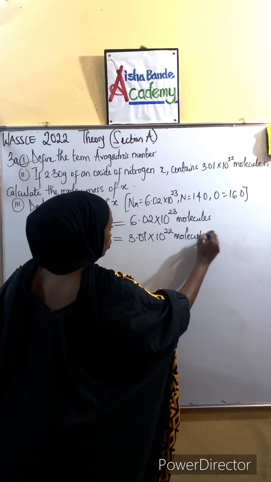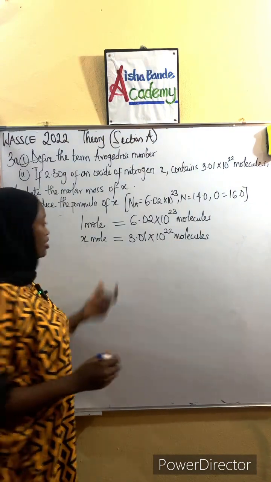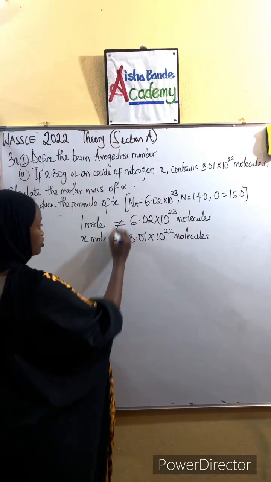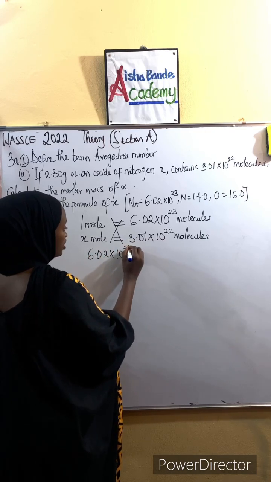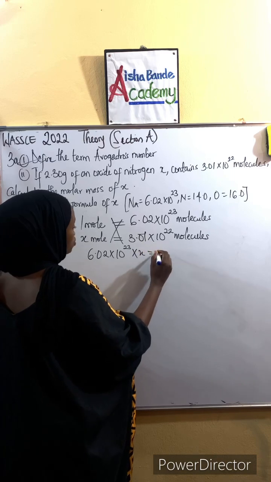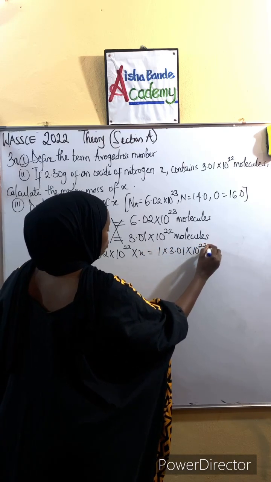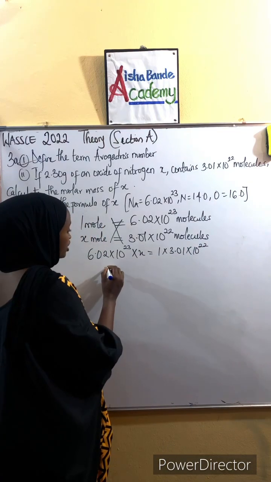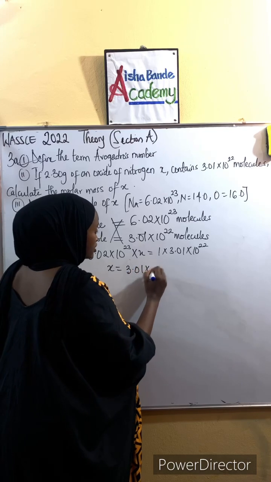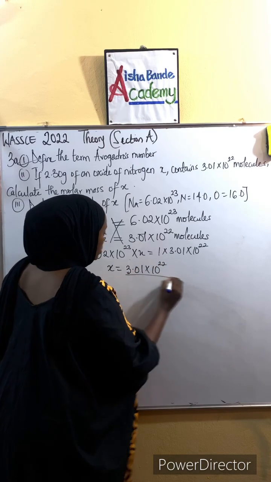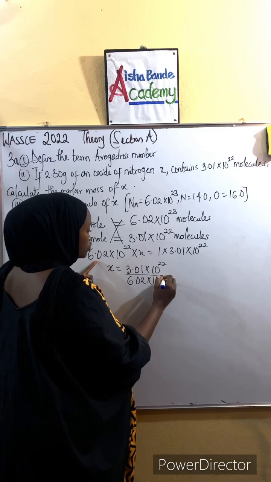So from here, all we need to do is to find the unknown, which is the X here. When we cross multiply, we have 6.02 times 10 to the power of 23 times X is equal to 1 times 3.01 times 10 to the power of 22. So mathematically, X is equal to 3.01 times 10 to the power of 22, divided by 6.02 times 10 to the power of 23.